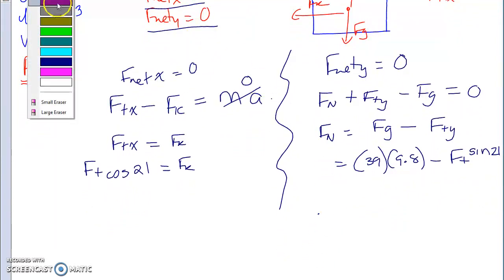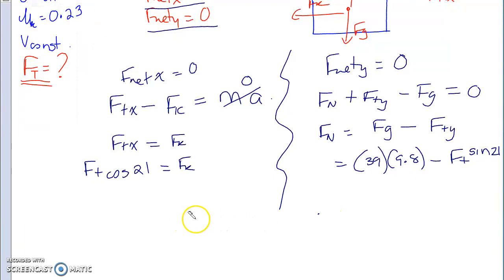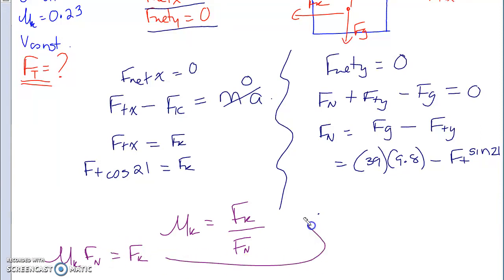So mu k equals Fk divided by Fn, and mu k times Fn equals Fk. That's going to be 0.23 times this whole thing right here.